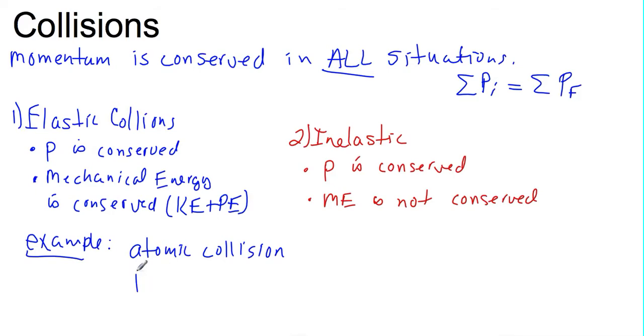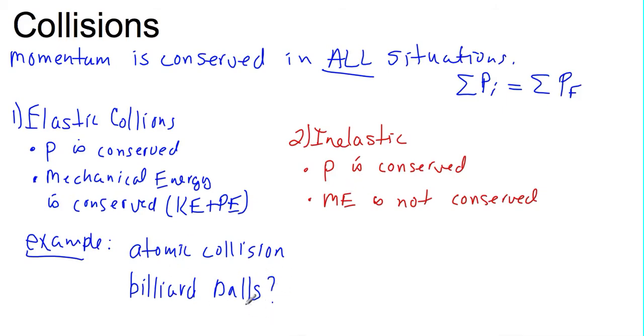Another example is sometimes billiard balls. But if we don't ignore some aspects of the sound that a ball makes when it strikes another ball and stuff like that, it really is not conserved.